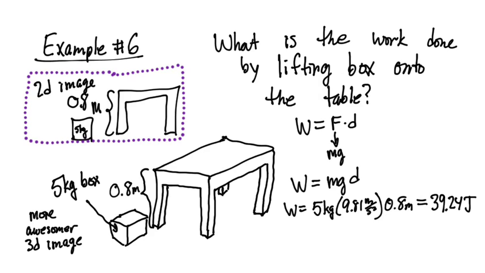And if we allowed the box to fall off the table, gravity would do positive 39.24 joules, because in that case, the gravity force would point in the same direction as the box moves as it falls off the table. And that's a quick overview of work.